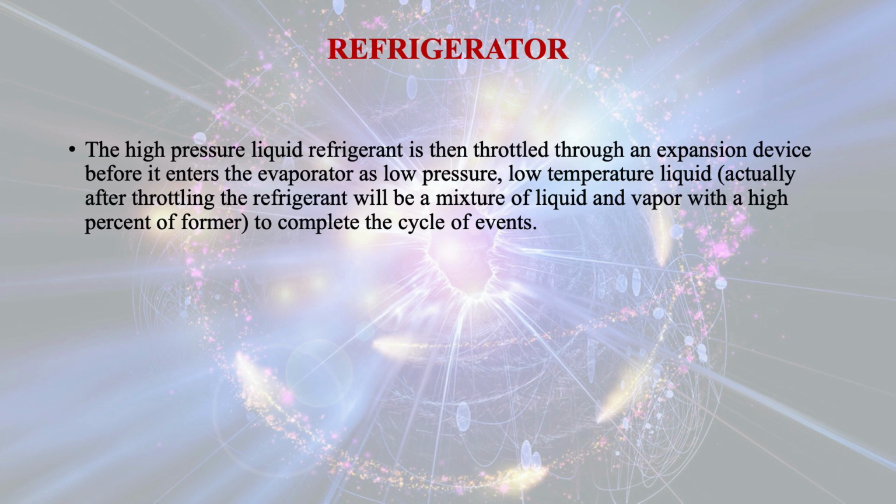The high pressure liquid refrigerant is then throttled through an expansion device before it enters the evaporator as low pressure, low temperature liquid. Actually, after throttling, the refrigerant will be a mixture of liquid and vapor with a high percent of the former.